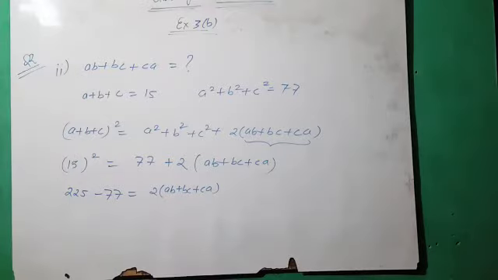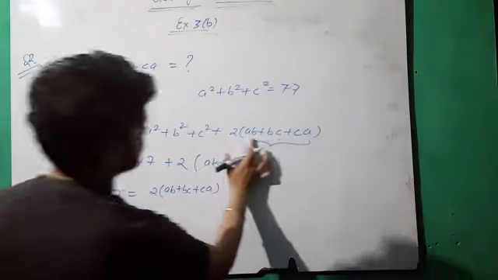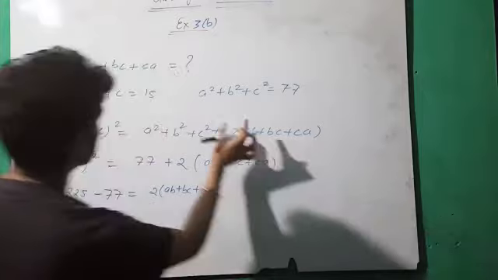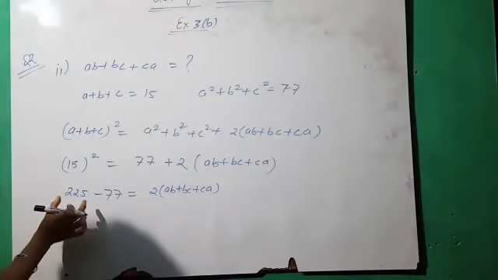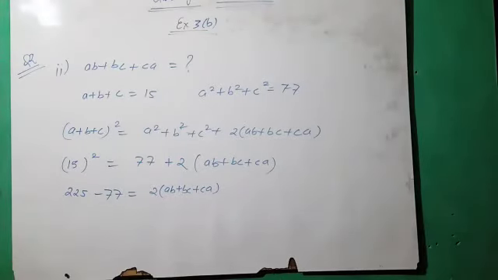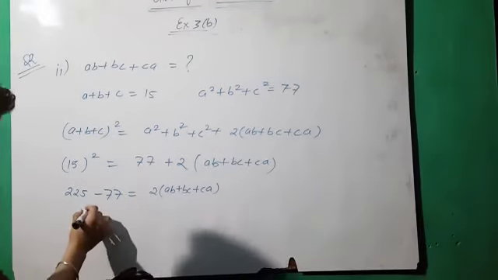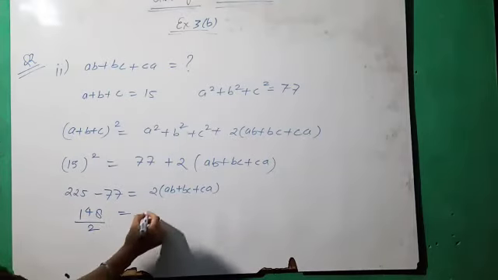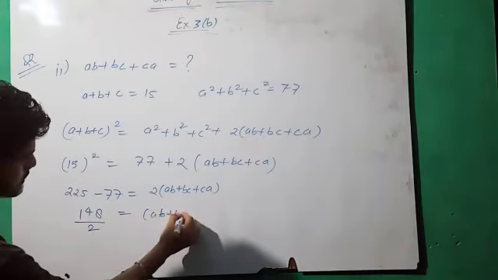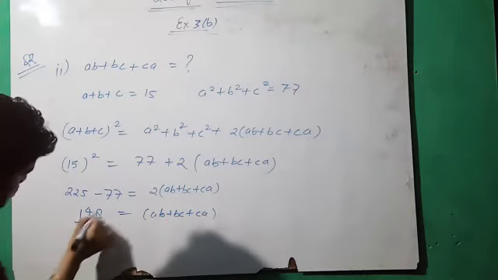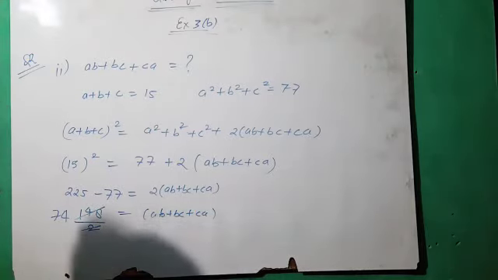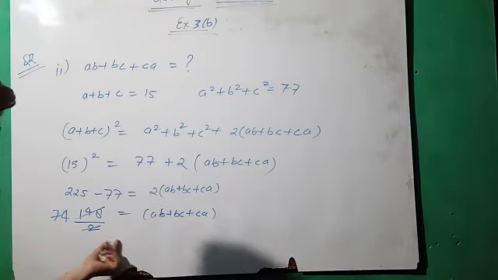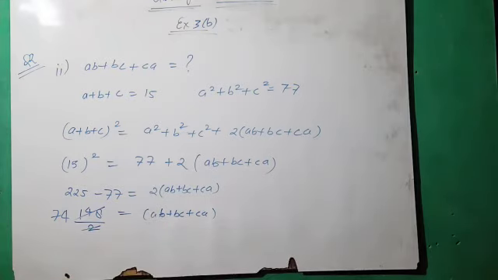You have to use this method only for any question in exam if you have to find out this type of value. Subtract this value from this: 148 equal to 2 into this, divided by 2. So AB plus BC plus CA, we have 148, this is 74. So the answer is AB plus BC plus CA equal to 74. The third part here is your homework in your fair copy.